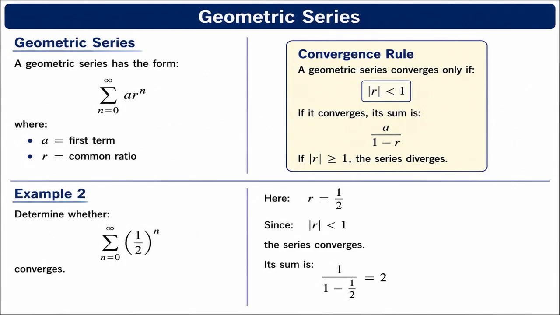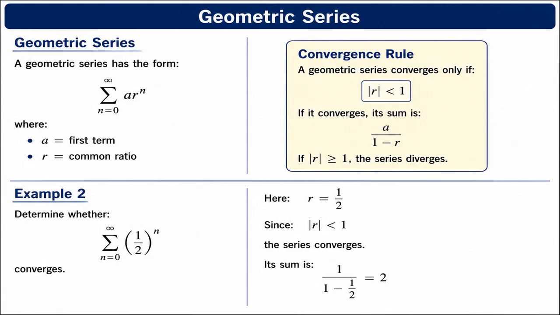A geometric series converges only when the absolute value of r is less than 1. If the series converges, its sum is first term over 1 minus common ratio. But if the absolute value of r is greater than or equal to 1, then the series diverges.